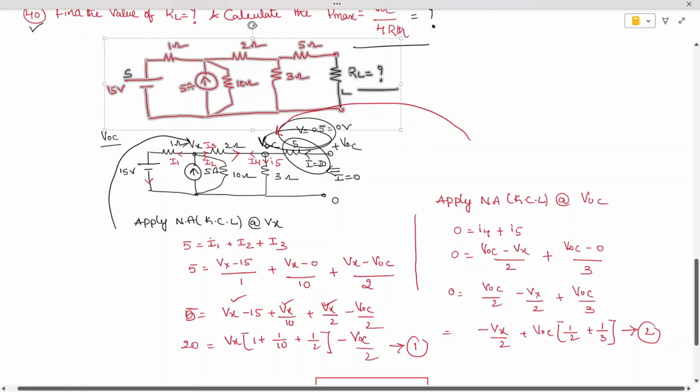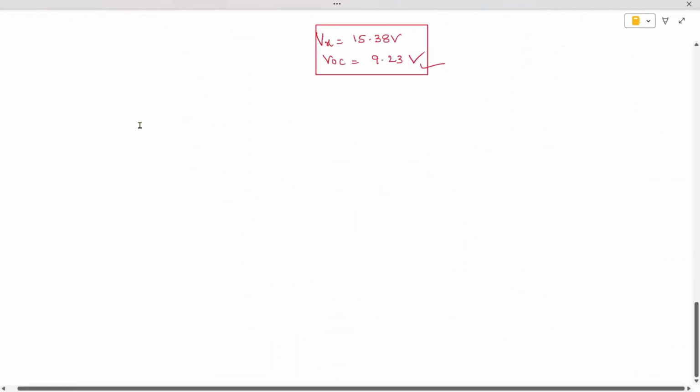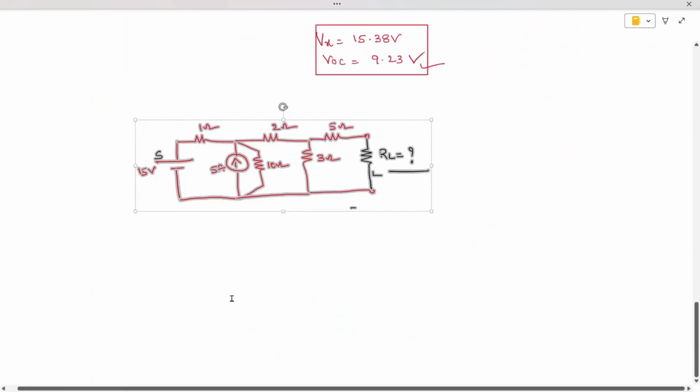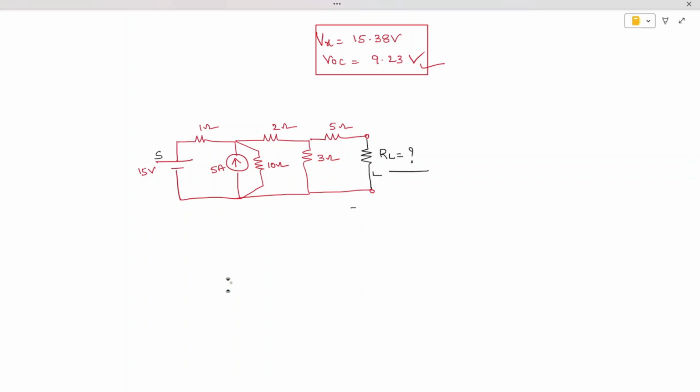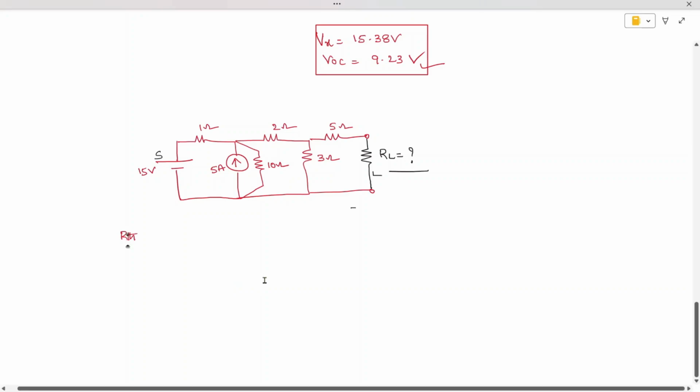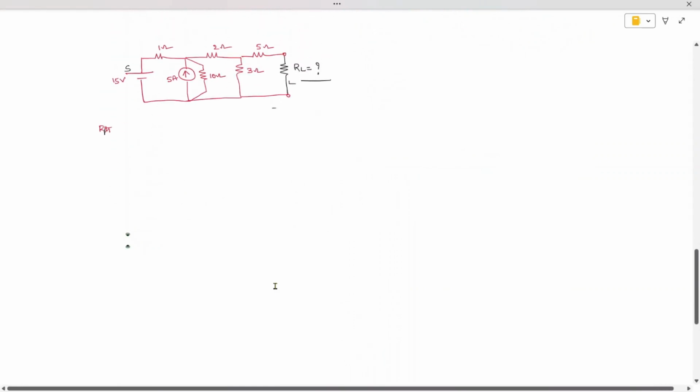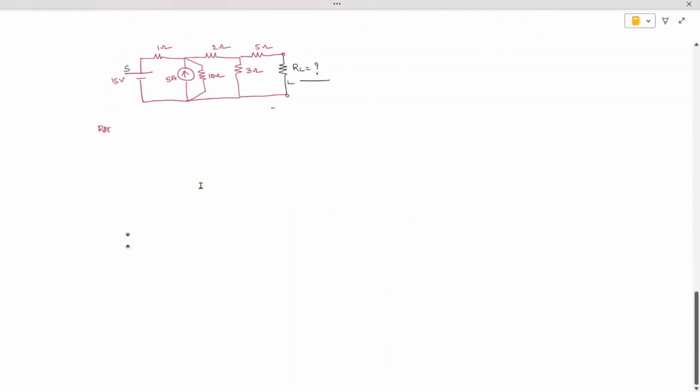I'm copying the circuit. Now, with the same process, we need to find RThevenin. How to find RThevenin is very simple. Whatever sources are there, just remove them.